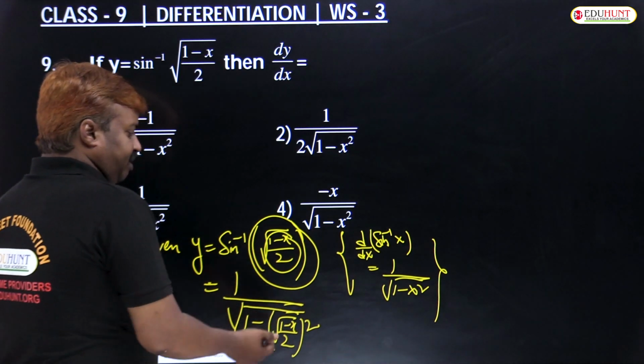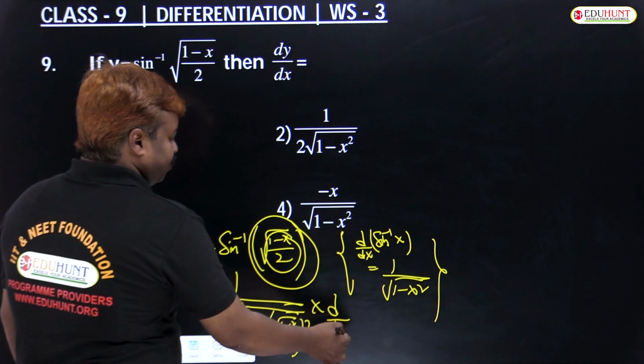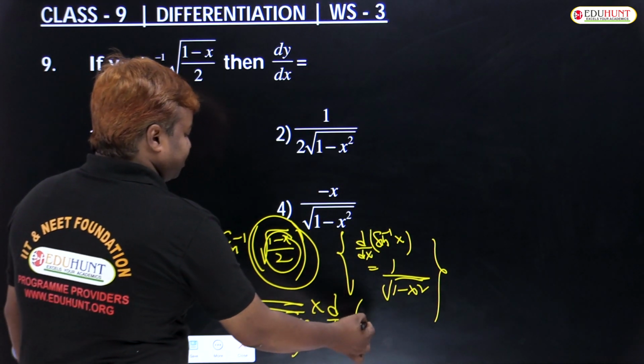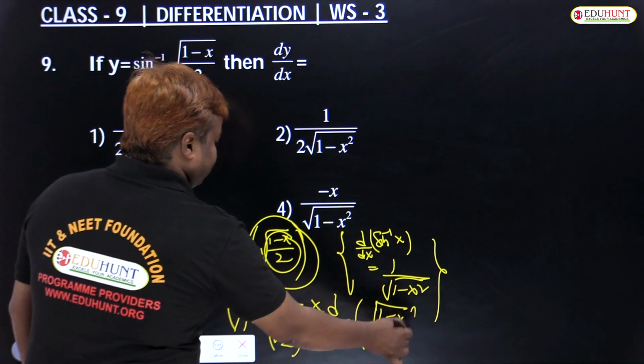So when you imagine the value, you have to do the inner derivative. So inner derivative of d by dx of root over 1 minus x by 2.